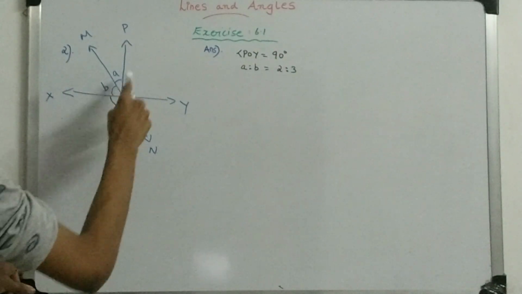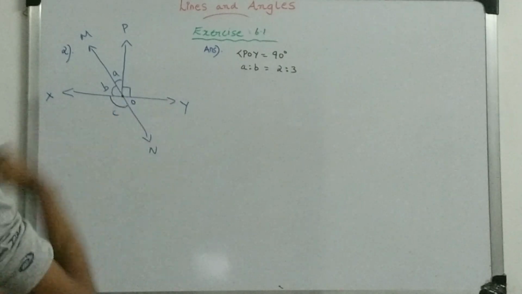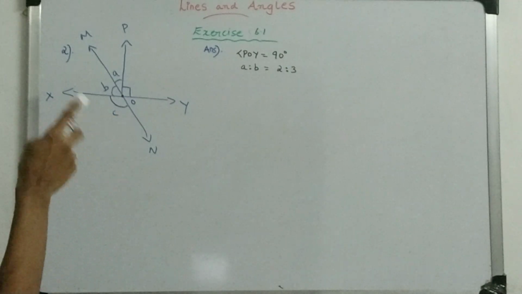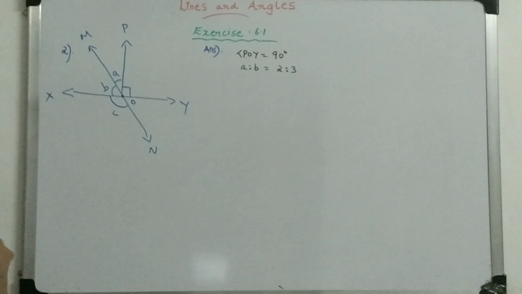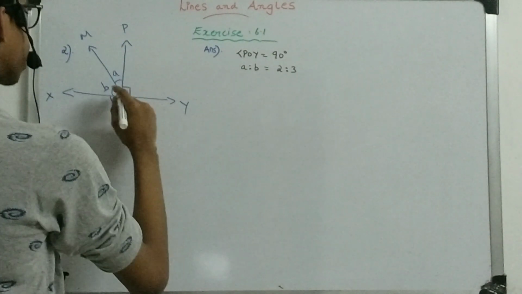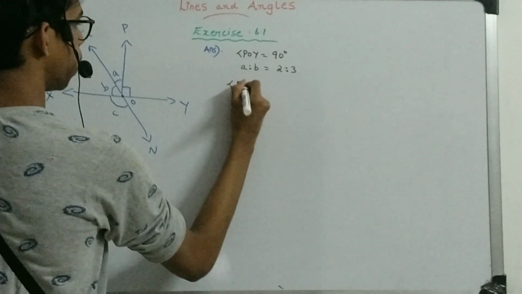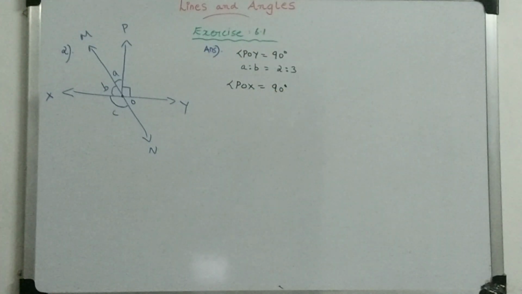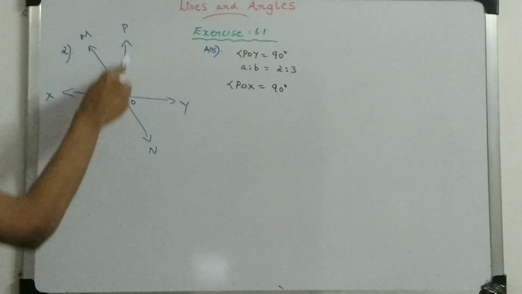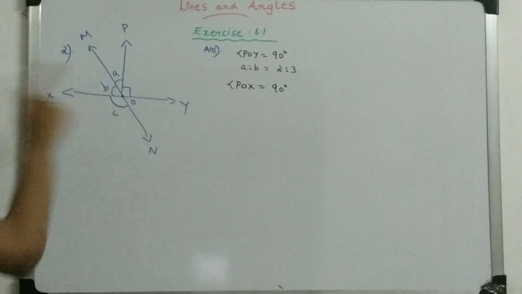Now if you see over here, since it is given that POY is equal to 90 degrees, could you also say that this angle POX is also equal to 90 degrees? Yes. So POX is also equal to 90 degrees, because OP lies on the line XY.